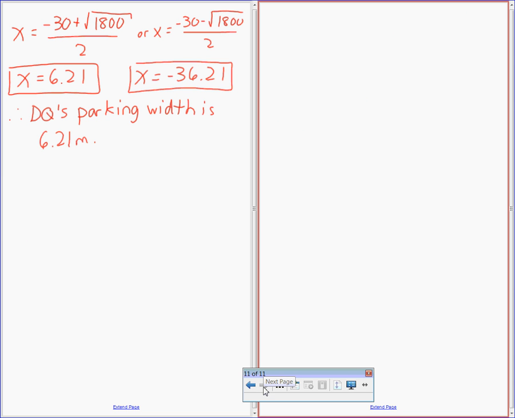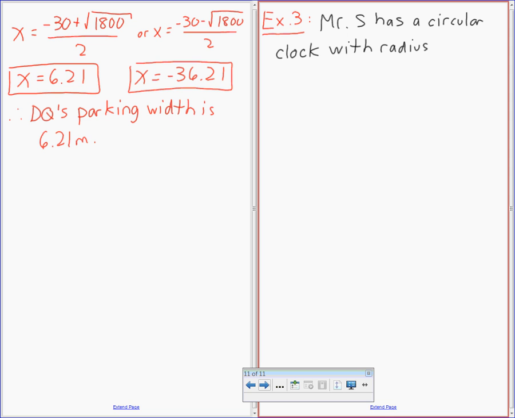Example 3 is going to be another nice one. It's going to say, we'll say Mr. Sadler has a clock with radius, we'll say 10 centimeters.